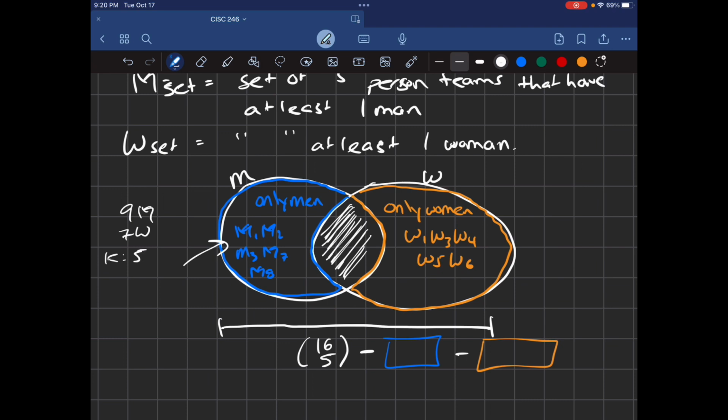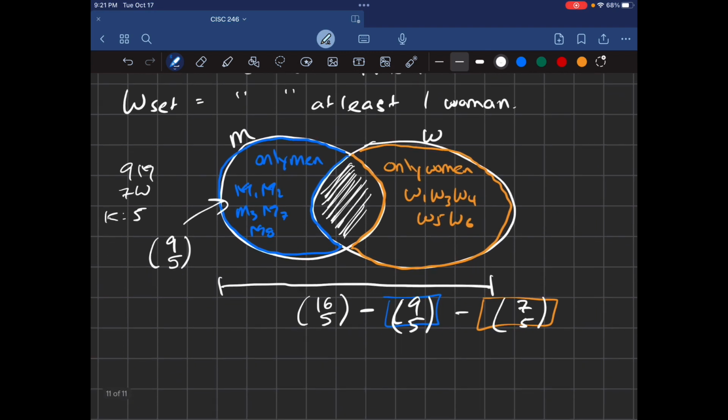So only men means you're choosing from those 9 distinguishable men, and 5 of them must be chosen. So that's how much the blue is. And then the orange similarly would be 7 choose 5.